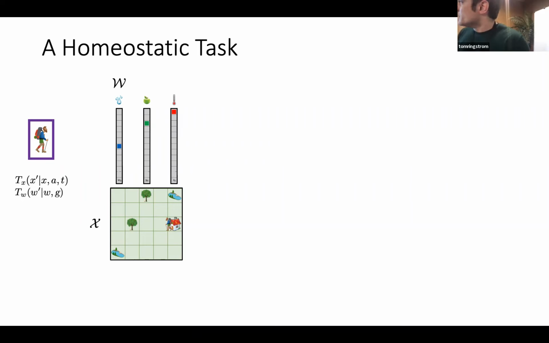And the G here, I'll talk about that in a second, but the hiker also has a caloric state space, Y, and a transition operator for that, and a temperature state space, Z, and a transition operator for that. And all of these are indexed by goals.